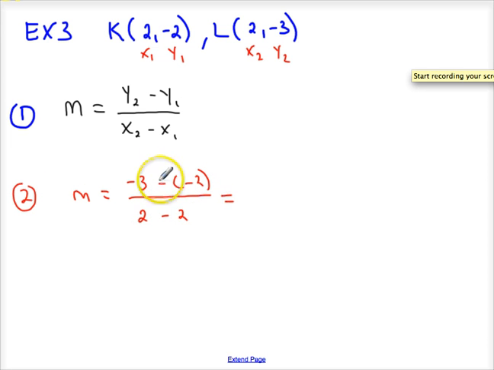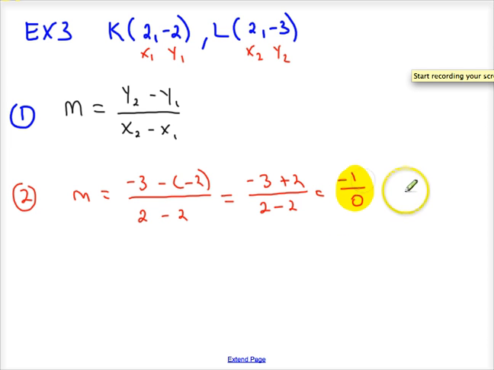Simplifying my numerator, -3 minus -2 is the same thing as saying -3 plus 2, over 2 minus 2. -3 plus 2 is -1 over 0. Here we go. When we see a value -1 over 0, we are not allowed to have a 0 in our denominator.